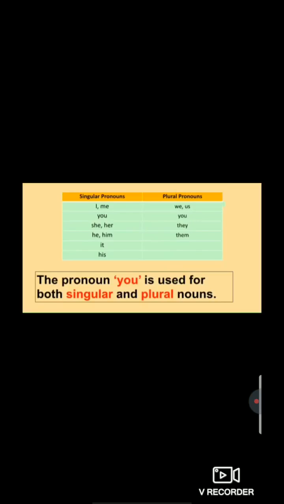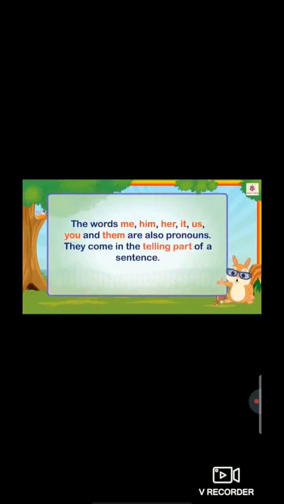Students, the pronoun you is used for both singular and plural nouns, as I explained with the example, right? The words me, him, her, it, us, you and them are also pronouns. They come in the tailing part of a sentence.